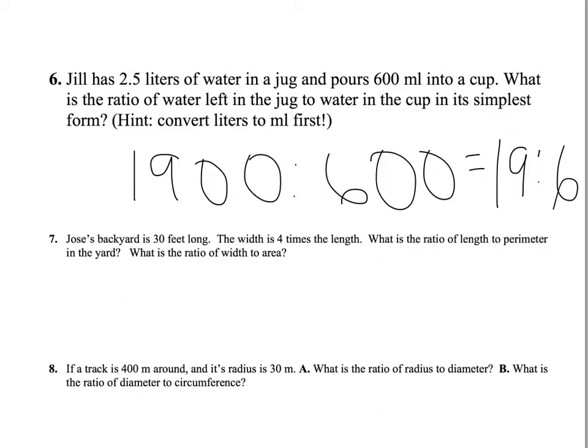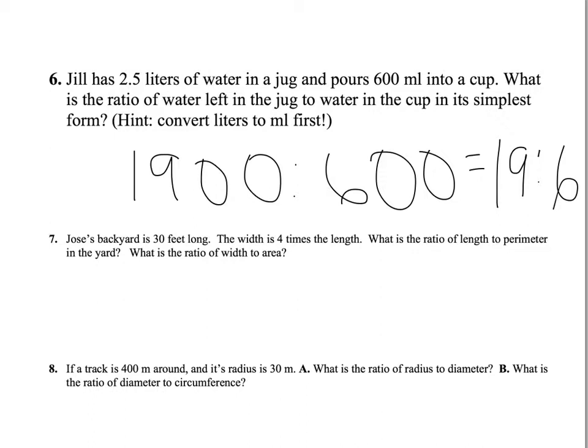Number 7, I have drawn a picture of a rectangle on the board. You can see here if the width is 30 feet and the length is 30 feet and the width is 4 times it, that means that our width should be 120. Then we have to actually add up our perimeter. So 120 plus 120 is 240, 30 plus 30 is 60, so our perimeter is 300.